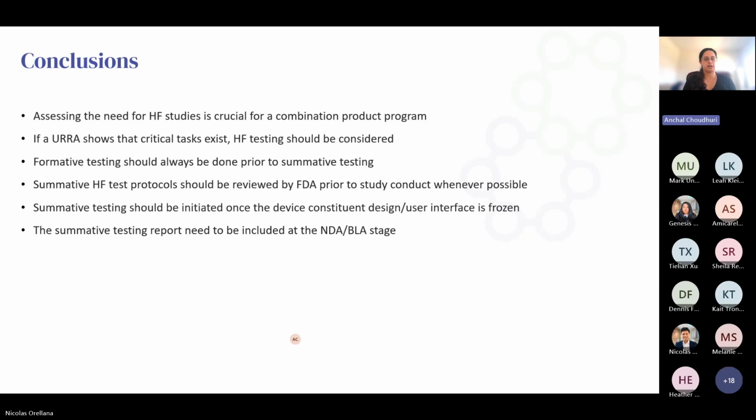Formative testing should always be done prior to summative testing. Summative testing human factors test protocols should ideally be reviewed by FDA prior to study conduct. Summative testing should be initiated once the device design and user interface are frozen.